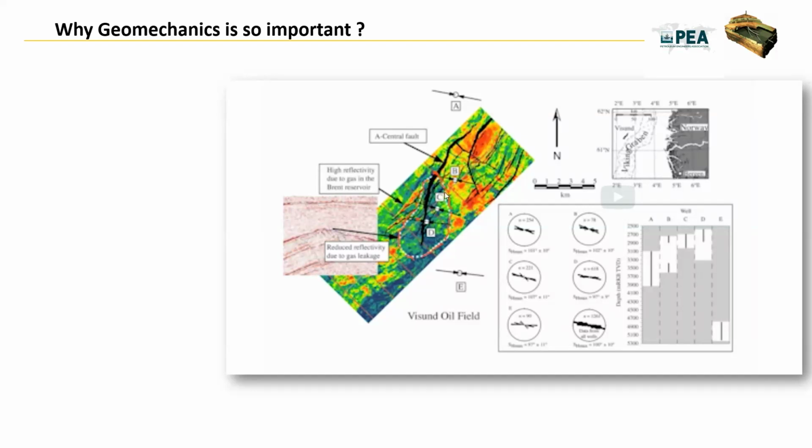To understand that concept, they brought this reflectivity map of the top of the Brent formation. The blue is low reflectivity and the red is high reflectivity, to see how the gas has leaked off. In fact there is a bit of gas cloud above this reservoir.